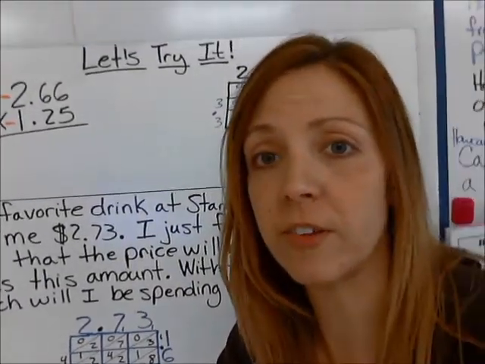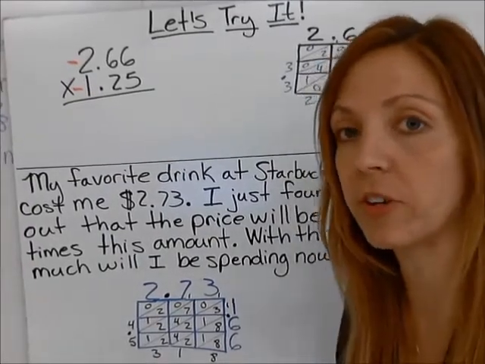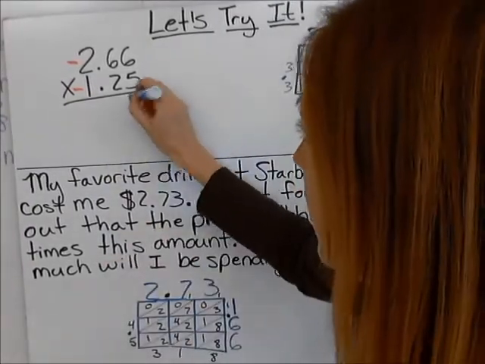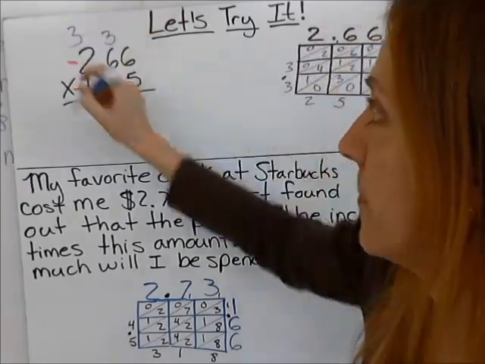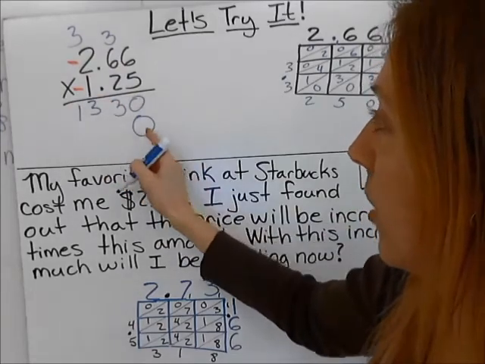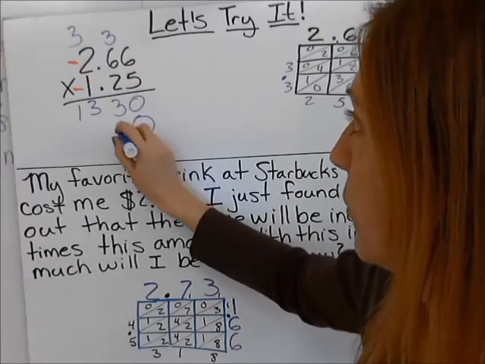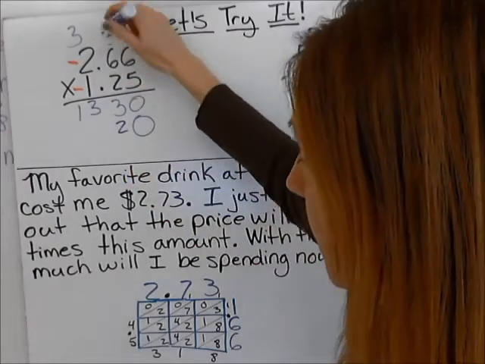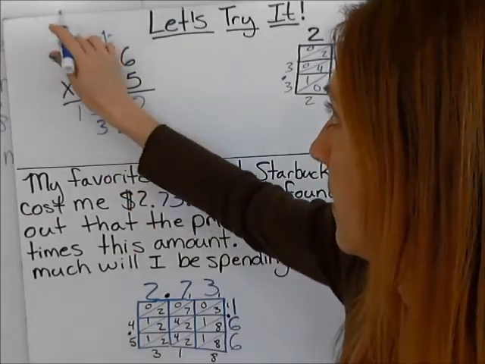All right, let's try using those steps again. -2 66/100 times 1 25/100. 5 times 6 is 30. 5 times 6 is 30, plus 3 is 33. 5 times 2 is 10, plus 3 is 13. Holding my ones place, moving on to the tens. 2 times 6 is 12. 2 times 6 is 12, plus 1 is 13.